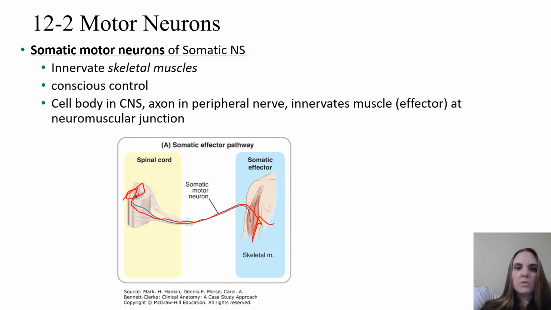Remember, our nerve would be made up of many of these neurons, all grouped together. So those axons of those neurons are going to run via a peripheral nerve to innervate the muscle, which is our effector, at what's called a neuromuscular junction. The neuromuscular junction is where that neuron is going to touch that skeletal muscle.